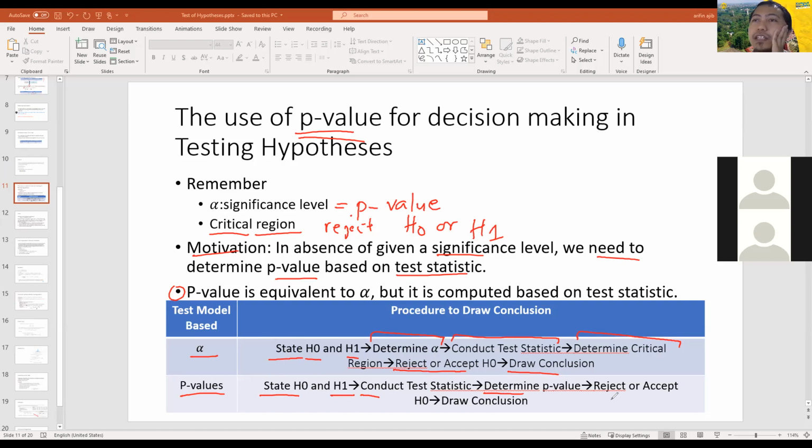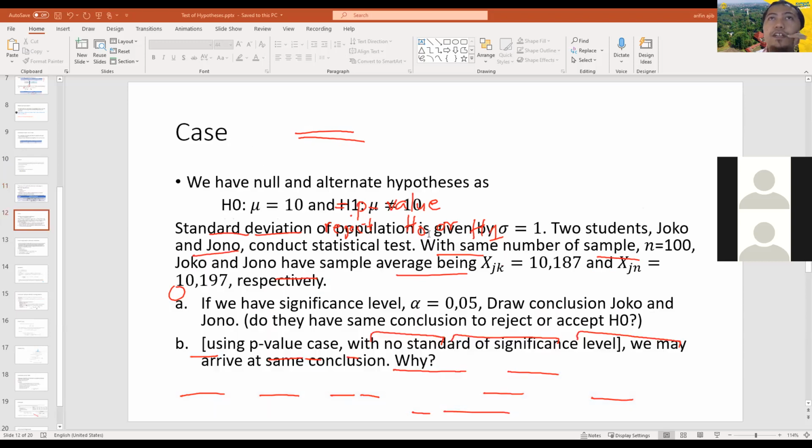Then we reject or accept the null hypothesis and draw conclusions. Maybe it is not clear yet, but let's move forward to the case.